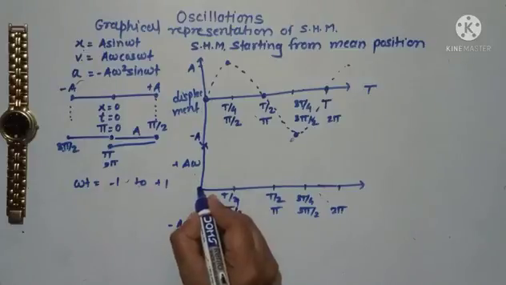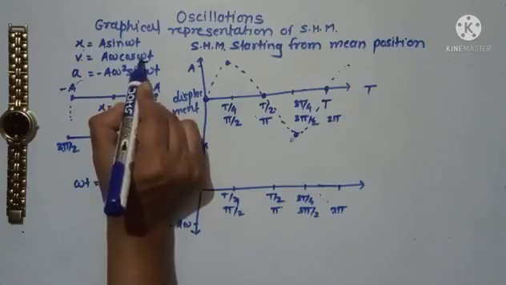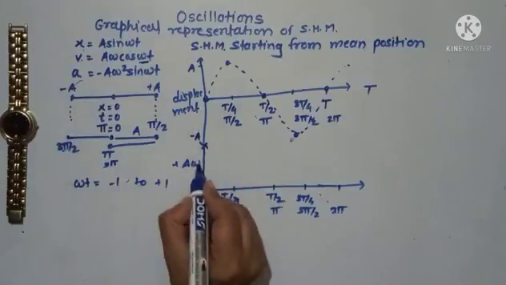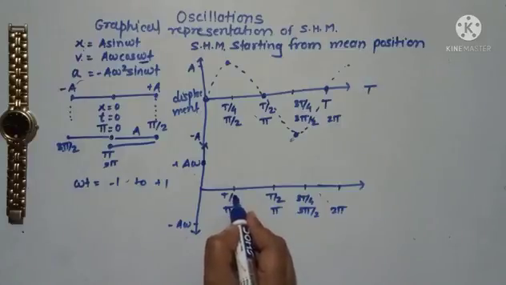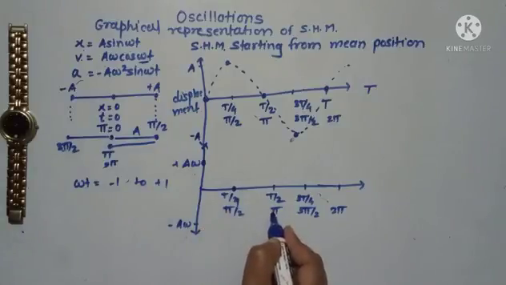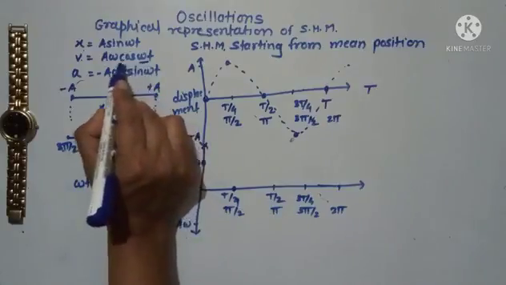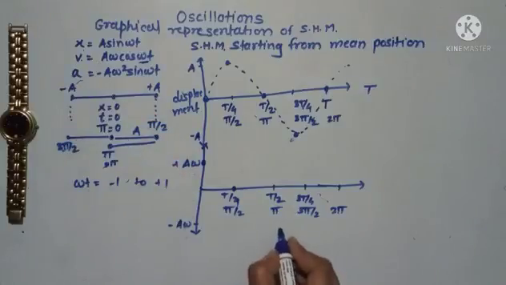Cos 0 is equal to 1. So when cos omega t is equal to 1, v will be a omega, so the starting point will be here. So when it is pi by 2, cos pi by 2 is 0, therefore this v will become 0, so the next point will be here. And cos 180 is equal to minus 1, so when cos omega t becomes minus 1, v is equal to minus a omega, so the next point will come here.